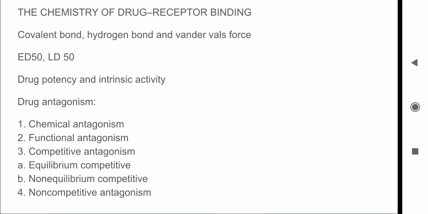The higher the therapeutic index, the higher the chance that the drug is safer for us. Hence, whenever doctors are selecting a particular drug for treatment, they will look for drugs which have a higher therapeutic index.